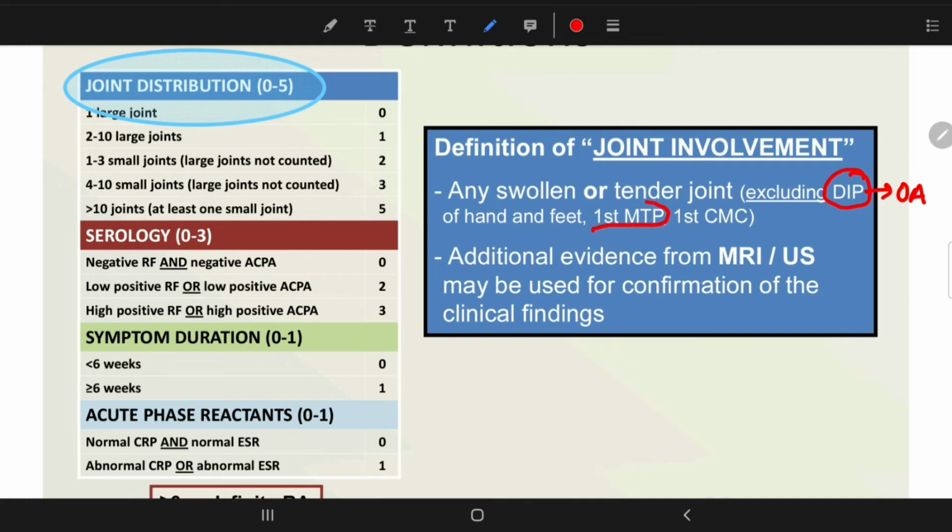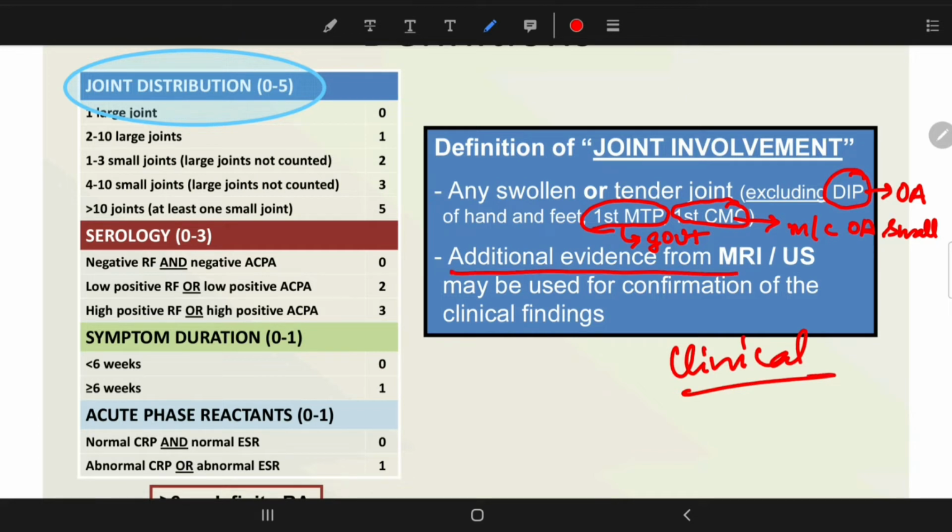Secondly, your first MTP joint, which is the most common joint involved in gout, and your first CMC joint, which is also the most common OA of small joint. So these 3 joints are excluded in this joint count. Now joint involvement is usually your clinical criteria, but sometimes additional evidence may be gathered from an MRI or USG. So this was about the joint distribution.